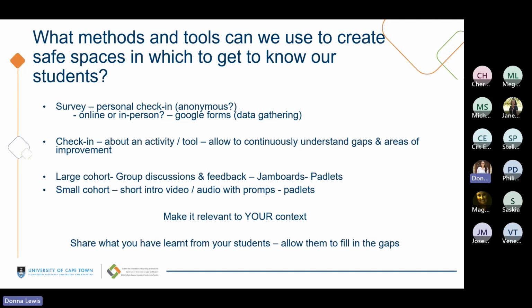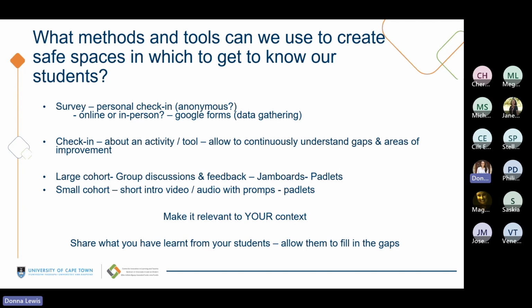So if we look at what methods and tools we can use, we spoke about the survey tool and the anonymous and in-person versus online. We can look at doing an online survey, having a discussion in class, and again, it's about creating that safe space within the classroom environment, as not everybody feels that they can speak in those environments.